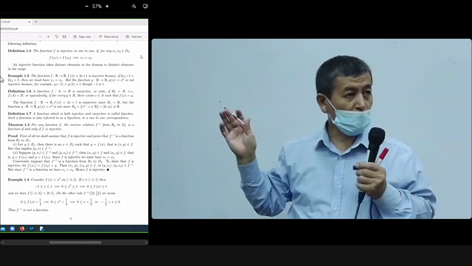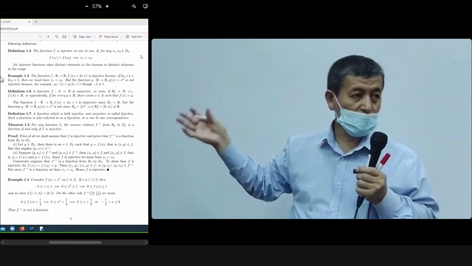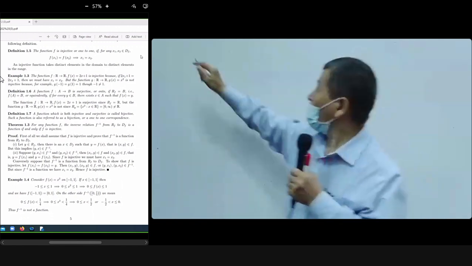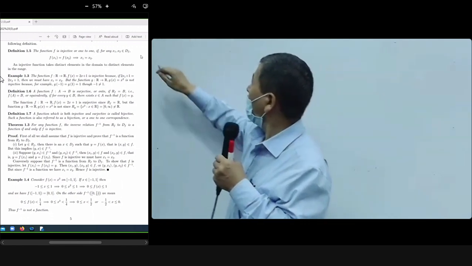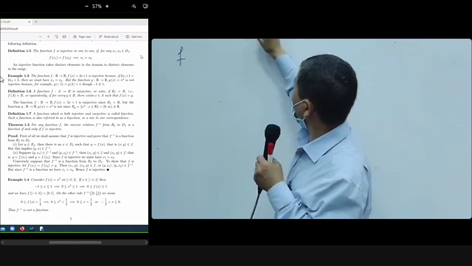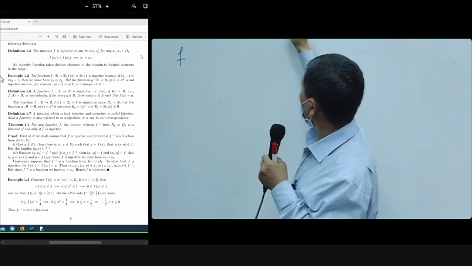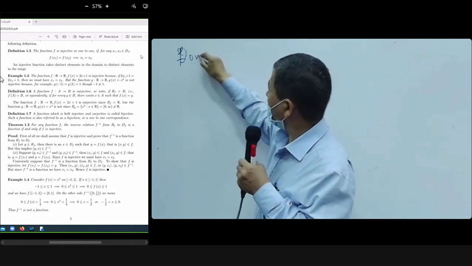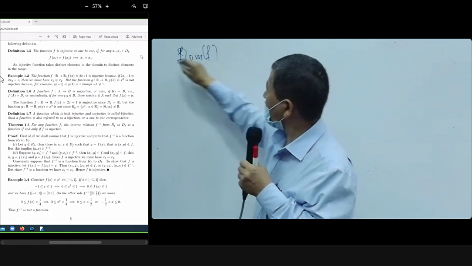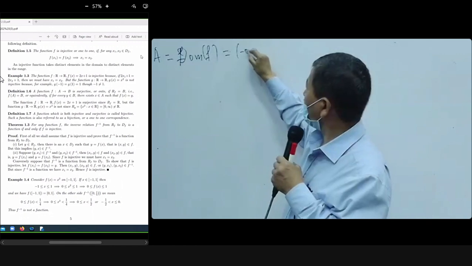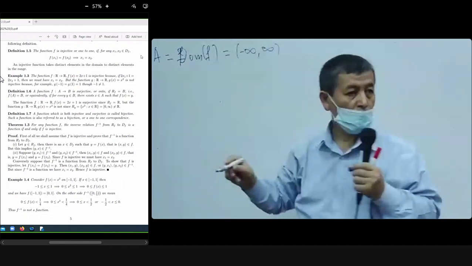Injectivity is very easy to show, right? f of x1 equals f of x2 doesn't imply x1 equals x2. Now I am showing the surjectivity. Here f maps R to R, and the domain R is A. Doctor, we cannot see. Plus infinity.